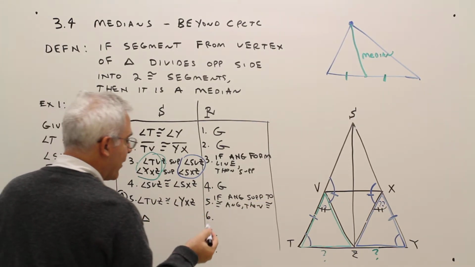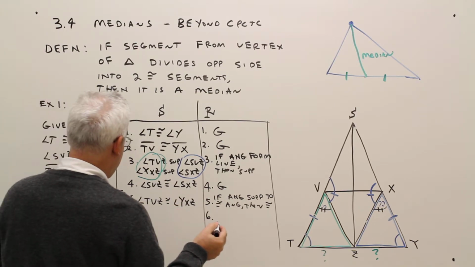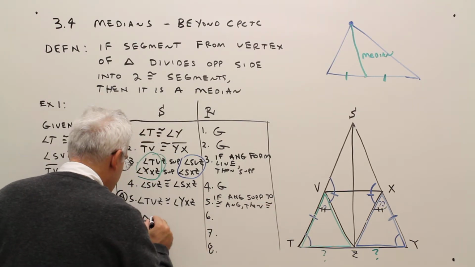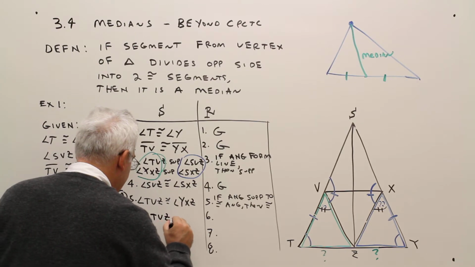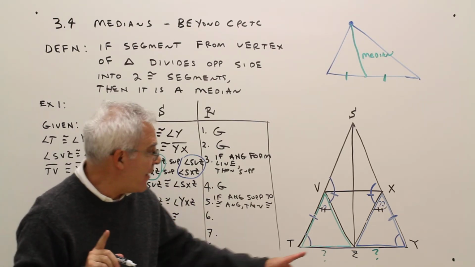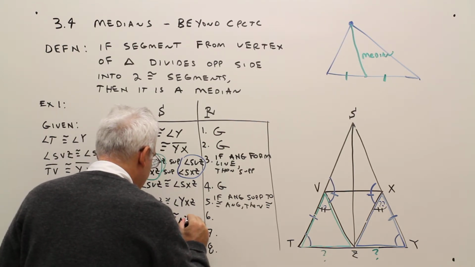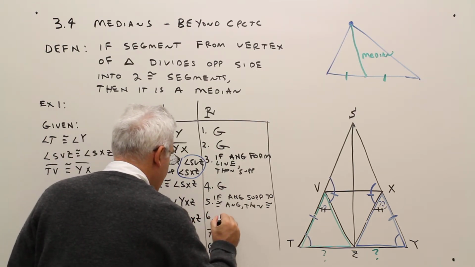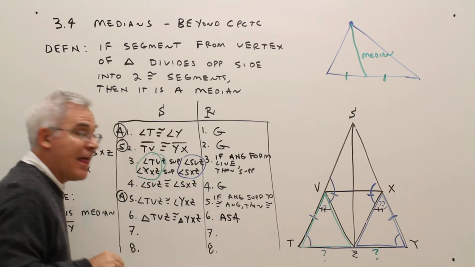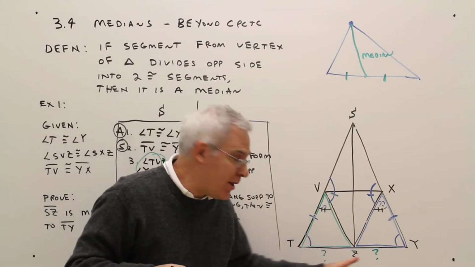So I'll go triangle, what shall we call it? I guess we'll call it TVZ. Triangle TVZ. Once I do TVZ, I'm stuck with YXZ in that order. Triangle YXZ by ASA. Then I can get the parts that I ultimately wanted.